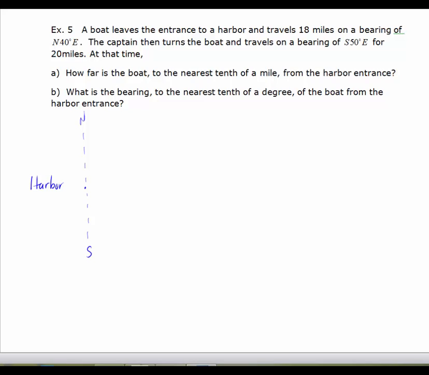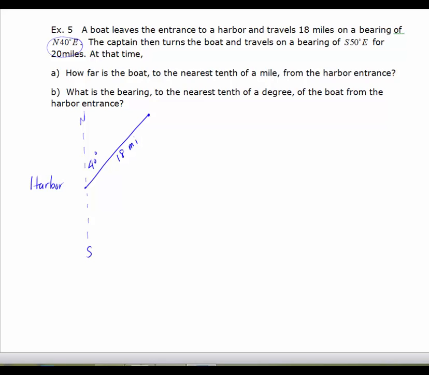We know that the boat travels on a bearing of north 40 degrees east, so I know that I want to draw my line segment to the right of the north line, and the angle that it makes with the north line has to be 40 degrees. So north 40 degrees east for 18 miles will look something like this. This angle will be 40 degrees. The distance will be 18 miles.